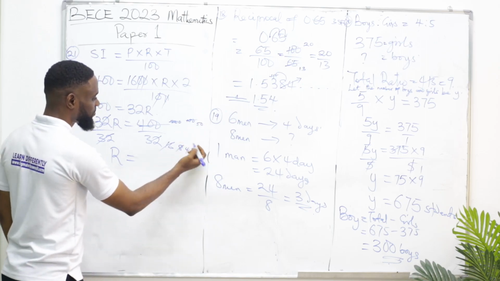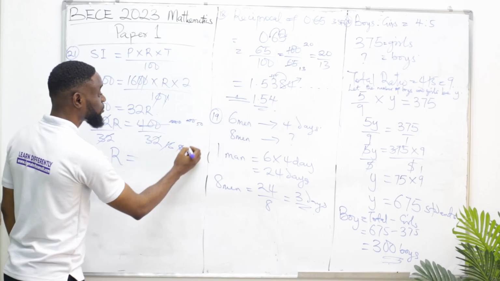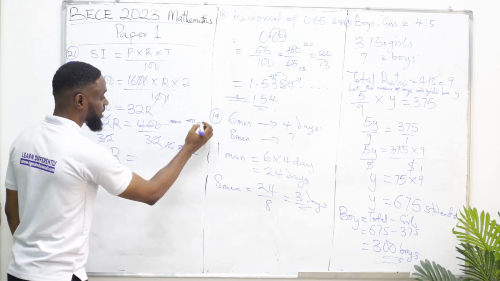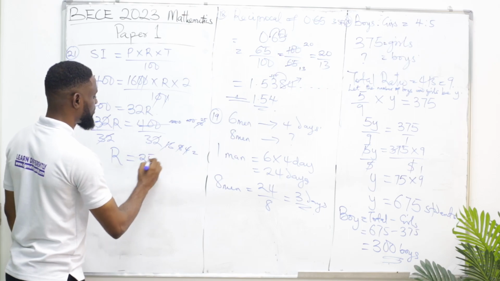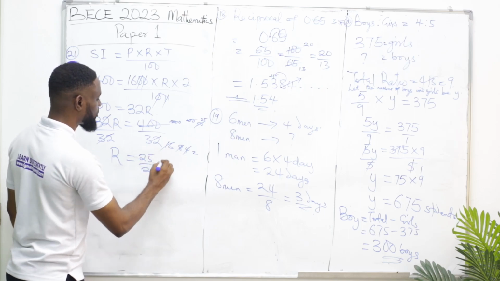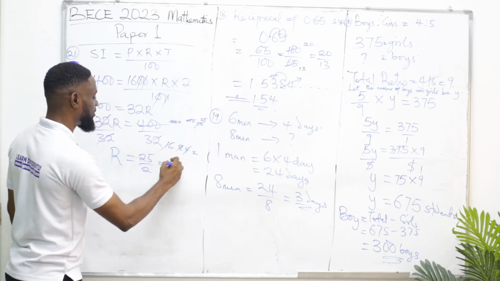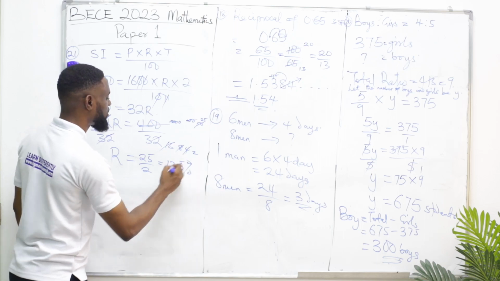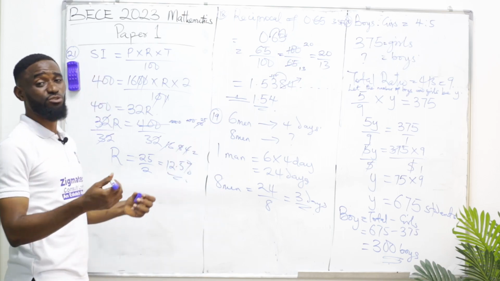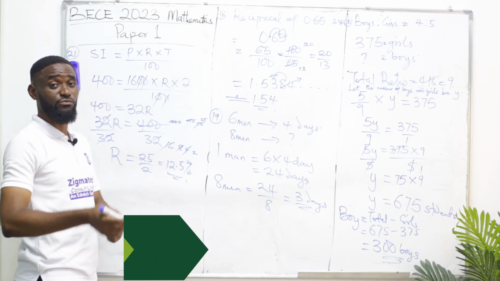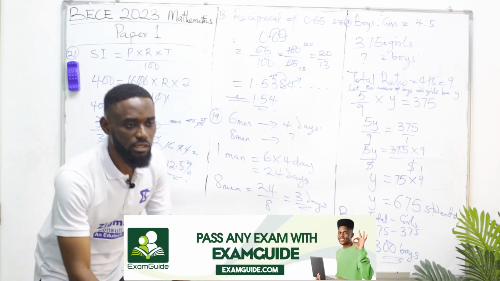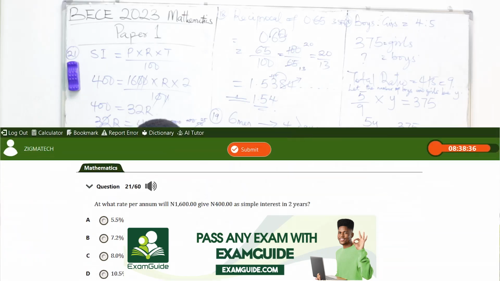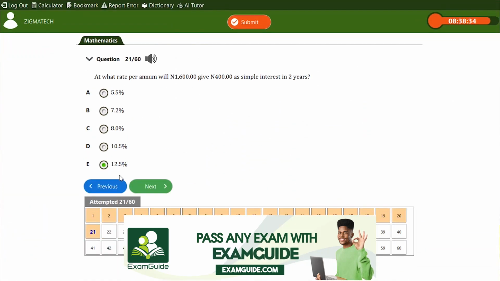So in 50 now, 2 here is 2. 2 here is 25. So we have 25 all over 2, which will give us about 12.5%. All right. So you know how to do this. Just for us to apply some speed, we may be using the calculator to quickly get this. All right. So 12.5 is option E.